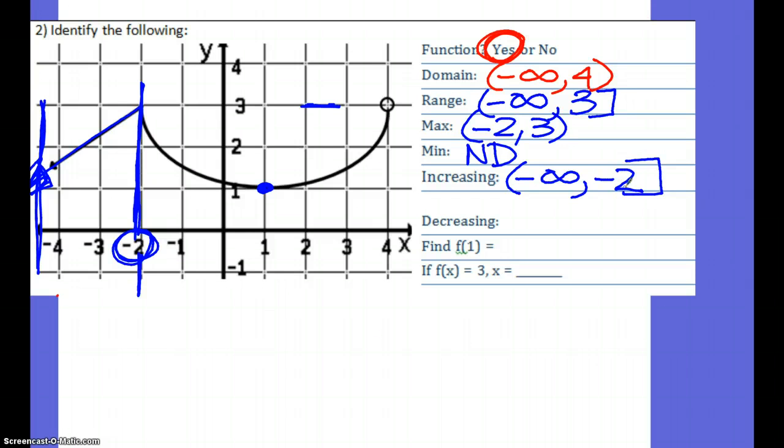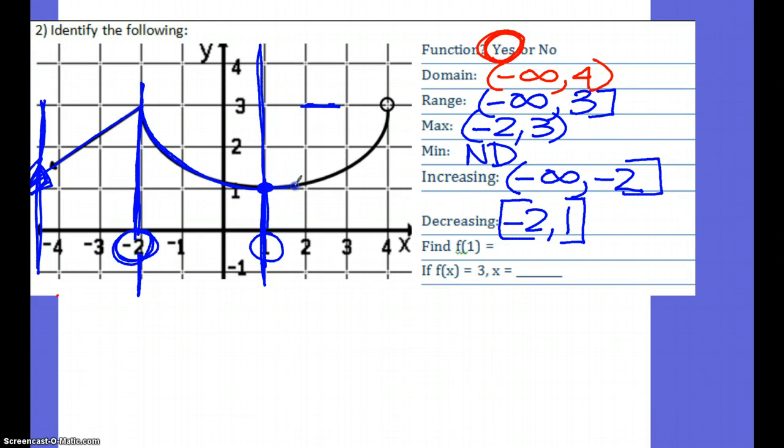Decreasing, well, as you slide your pencil across the paper, notice that the line is curving down all the way until we get to this point, which would be from -2 all the way to +1 right here. It is closed on both because it's solid lines on both.